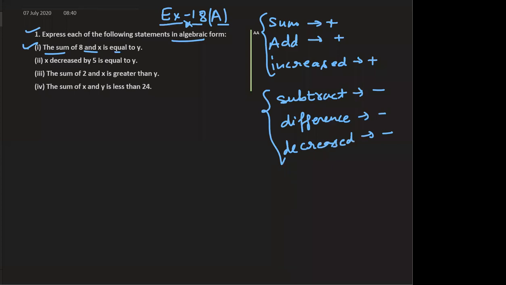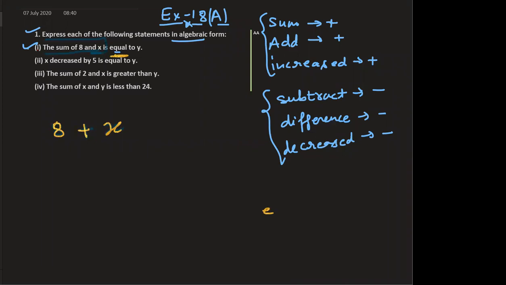So sum of what? 8 and x. Look at this very carefully. Sum of 8 and x. Okay, so we will write 8, x and plus between them. First write 8, then x and plus between them. So this is the sum of 8 and x, means 8 plus x, equal to y.